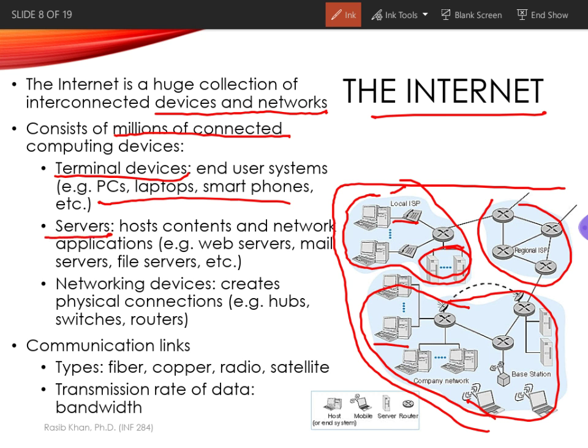Servers are, again, computers, but they are much higher performing computers, and they are responsible for hosting contents on the internet. So when we say that a server hosts contents, it basically means that it allows you to access contents when you are part of a network.